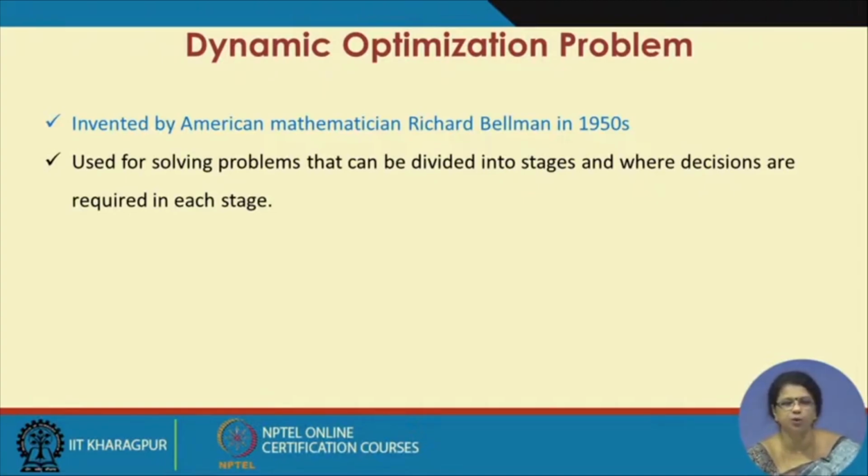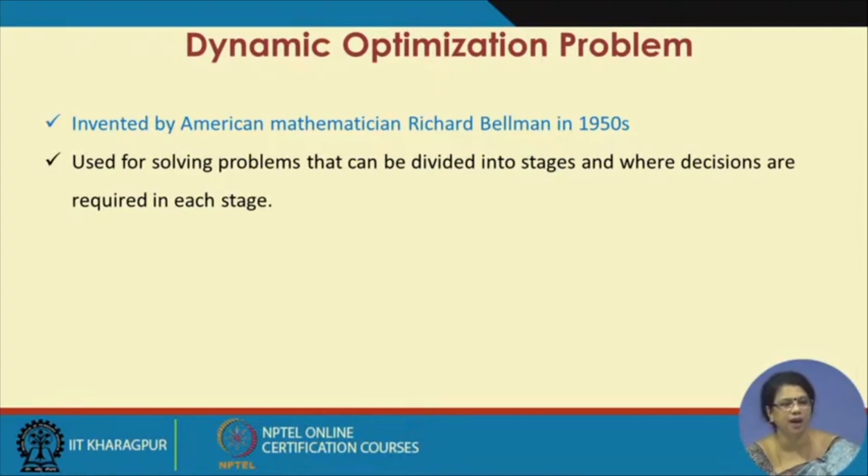The model I showed you before was a static model at one point of time. Now, if the time changes, it may happen the model will change. How will the model change? The structure of the function, objective function and constraints may change, the parameter values may change. There may be uncertainty within that.